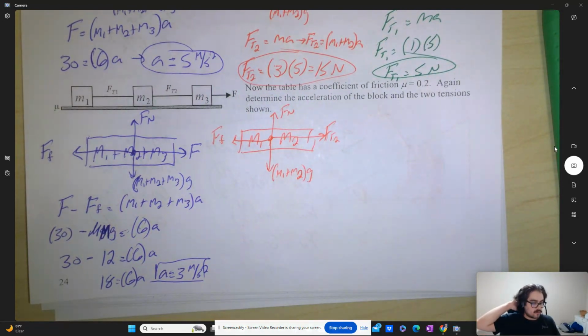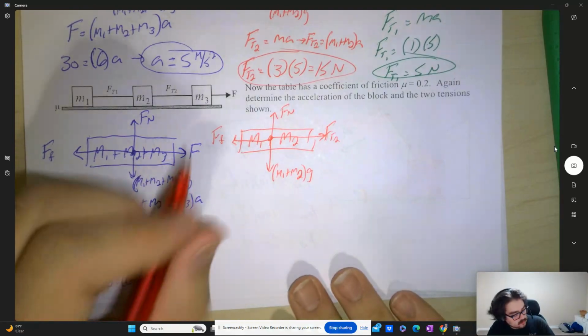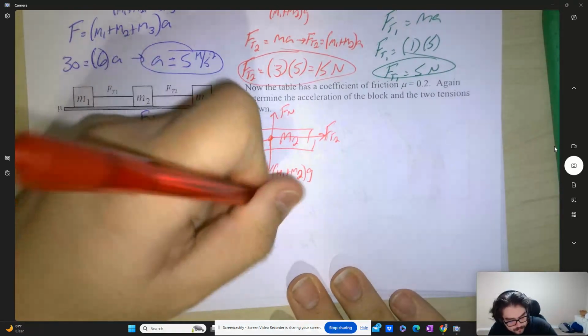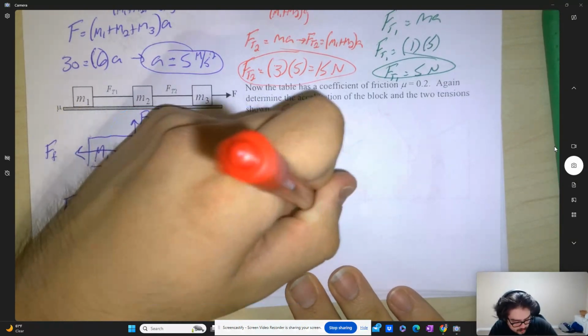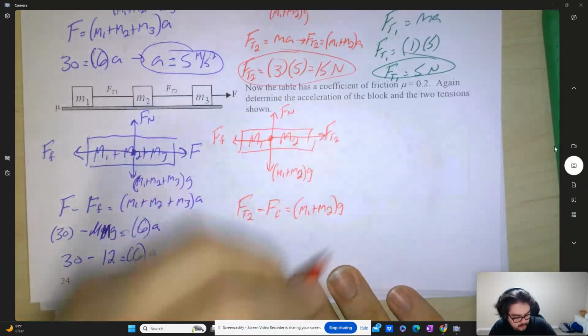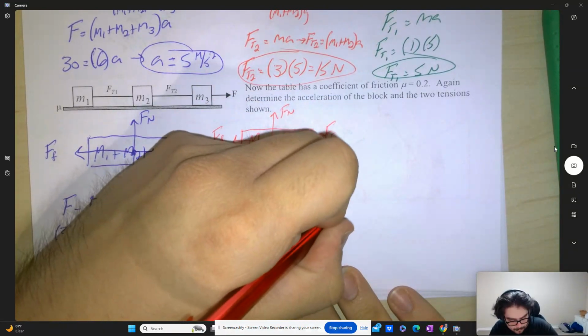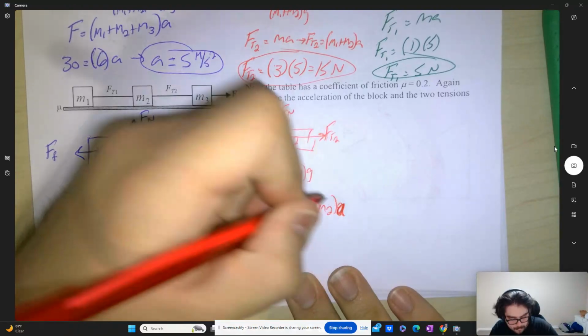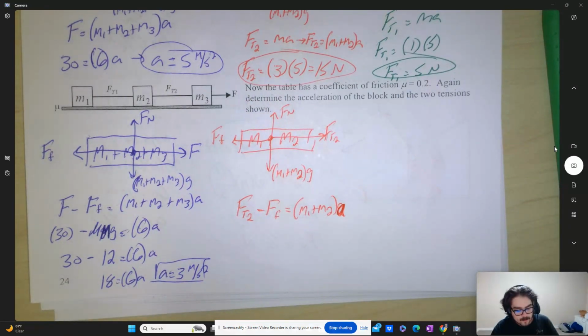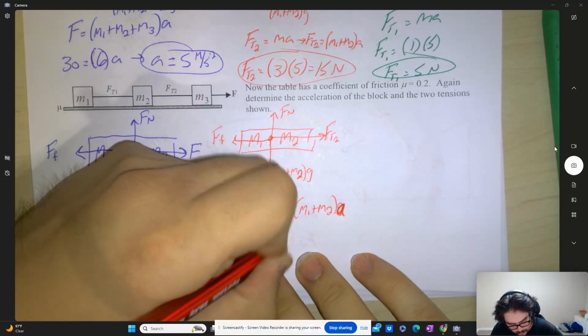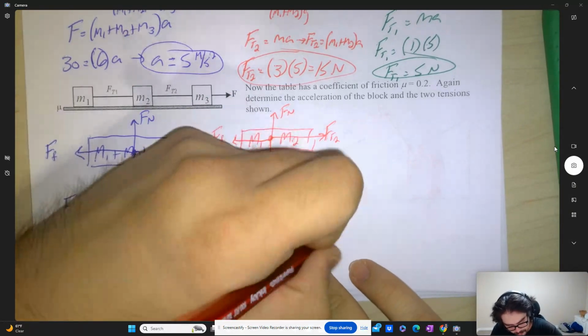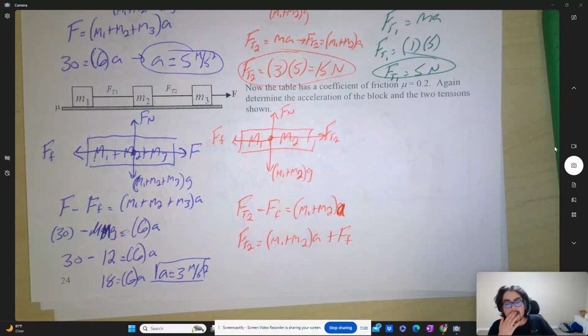Okay, so when you set up your Newton's second law equation, it would be Ft2 minus the force of friction equals (m1 plus m2) times a. And you should be able to figure out that Ft2 is just going to be (m1 plus m2)a plus the force of friction, okay? And you would have to solve that whole thing out. I'm just setting it up for you right here.